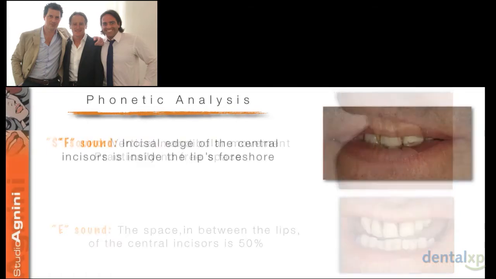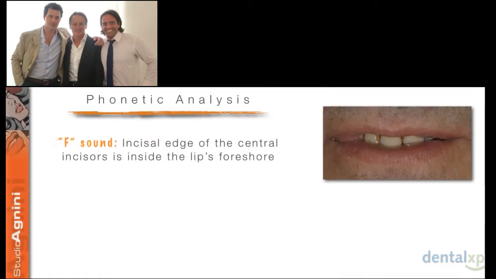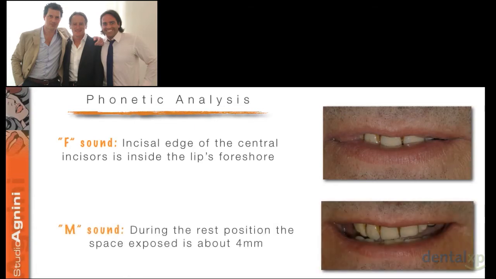Then with the F sound, we can see where the incisal edge of the central incisor is, and we can see that in this case it's inside the lips for sure. And with the M, that is basically the rest position, we can evaluate the space exposed, that in this case is about 4 mm.